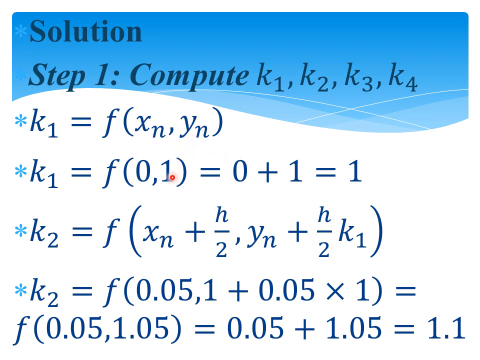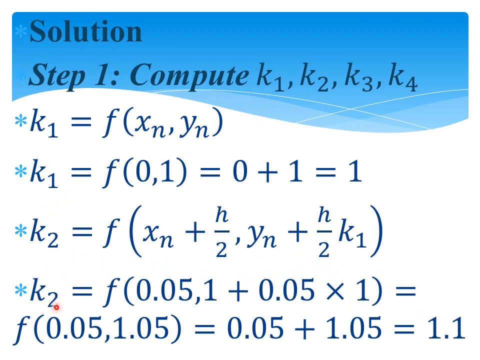In the question it is given x0 = 0 and y0 = 1. Now we put these values in the function x + y. The value of x is 0, plus y. The value of y is 1. 0 + 1 = 1. Now after k1, we find k2. The formula of k2 is given.